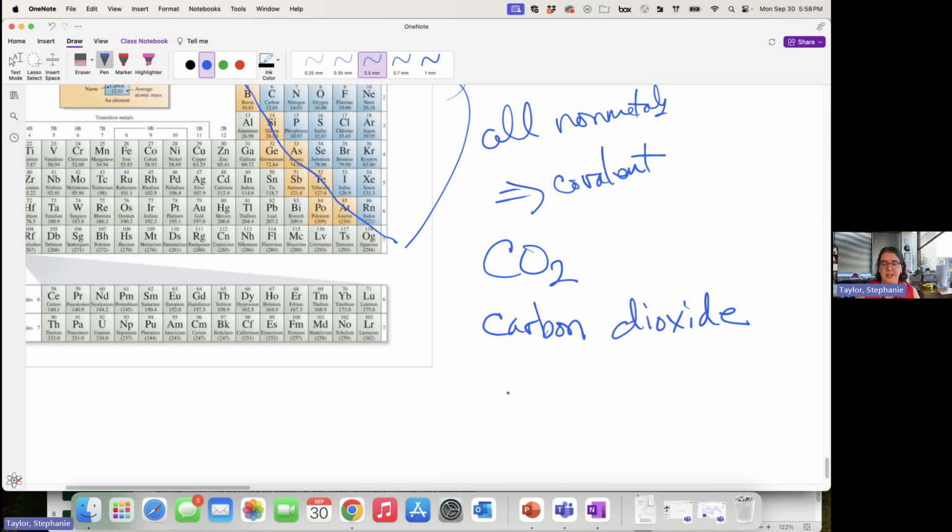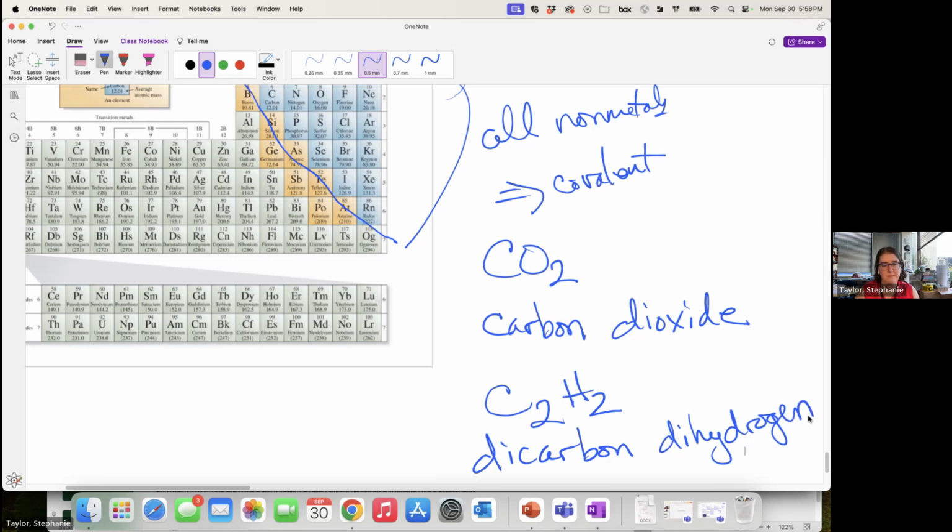So if I was trying to name this, this is not how you name it, but for kicks and giggles, this would be dicarbon dihydrogen, because there's 2 of each. For those of you that are upset about this, it's also called acetylene. So it's got a different name, but that's an organic name.